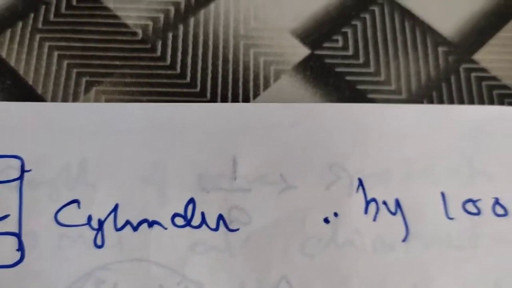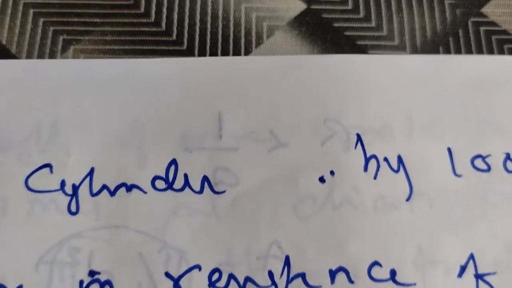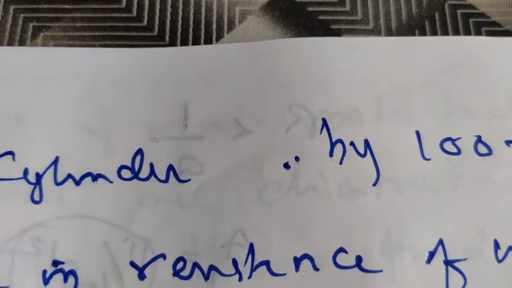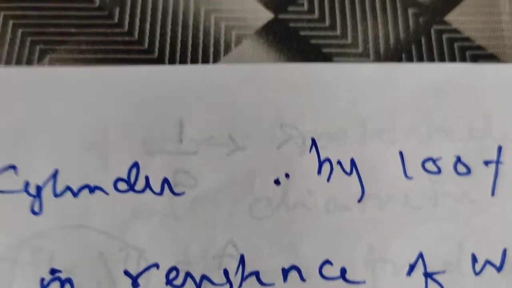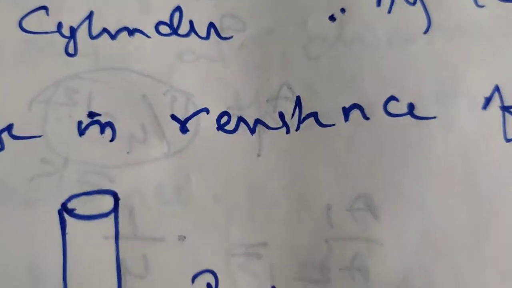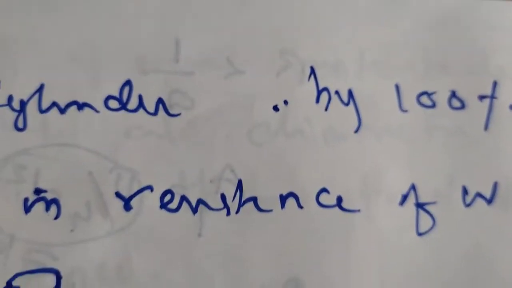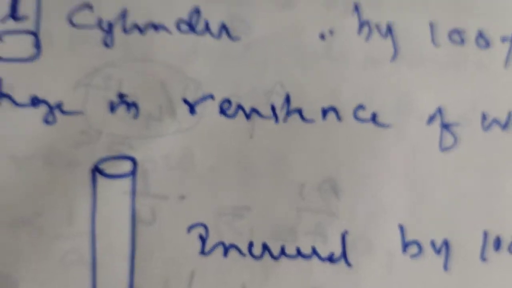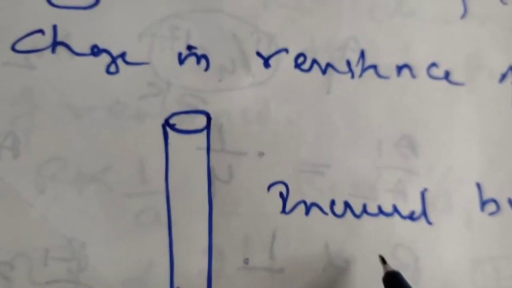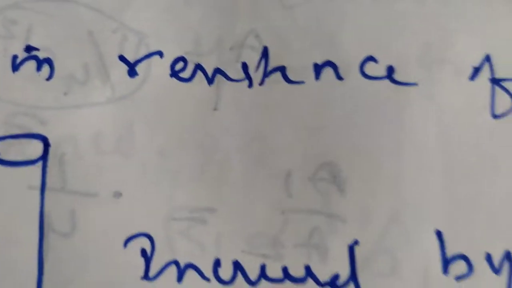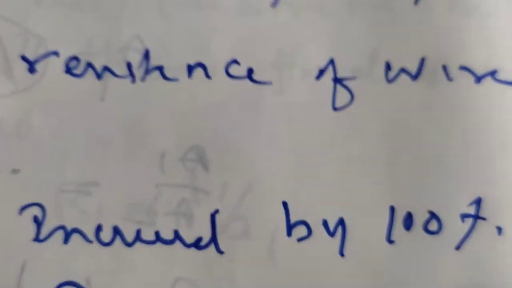Now when the length of a cylinder is increased by 100%, what happens is there is a change in diameter also.